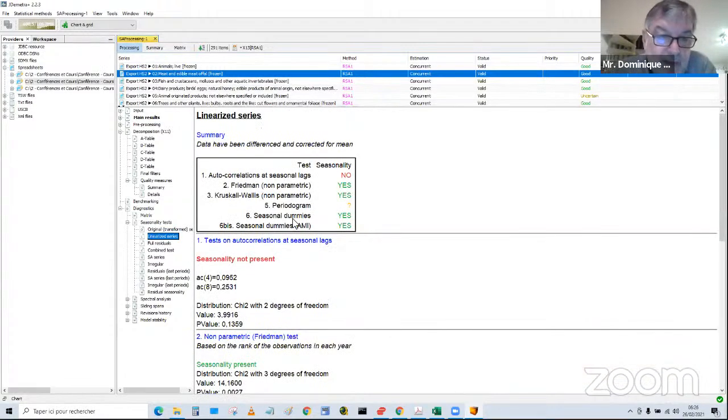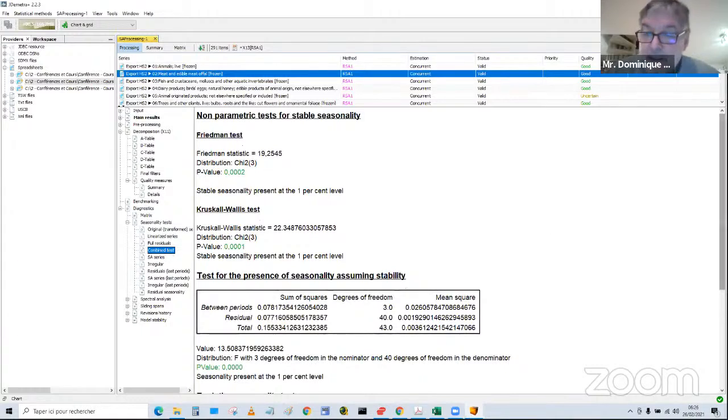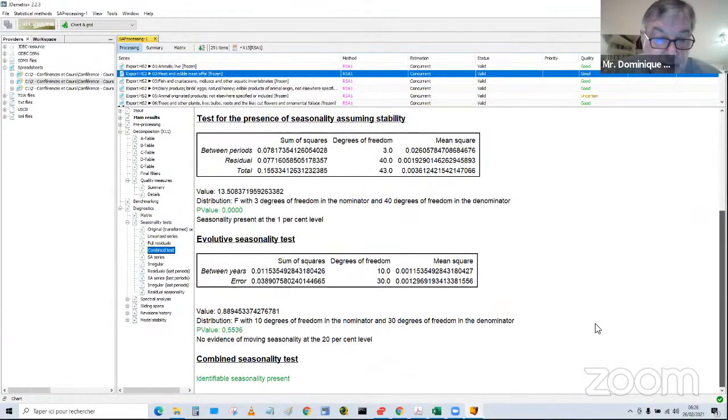On the linearized time series, the majority rule tells me that it's a seasonal time series, okay? If I look at the combined test, I see that I have certainly an identifiable seasonality present. So my series is seasonal from the statistical point of view. From my feeling, it was seasonal too, but I have a confirmation here.